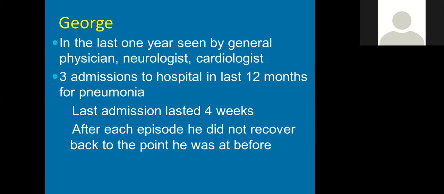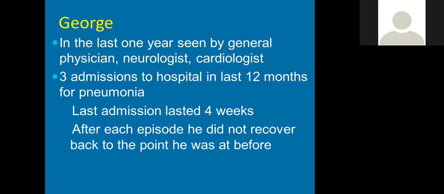In the last 1 year, he had been to many doctors: a general physician, neurologist, cardiologist. As in elderly people, we see so many comorbidities, and you end up visiting so many specialists. The last 3 admissions in the hospital in the last 12 months were for repeated pneumonia. He was aspirating again and again. He was admitted repeatedly, and the last admission lasted 4 weeks.